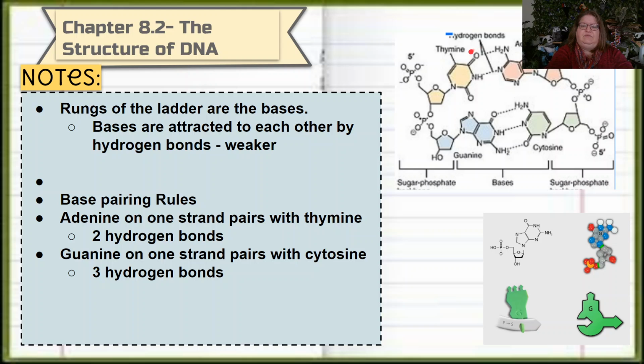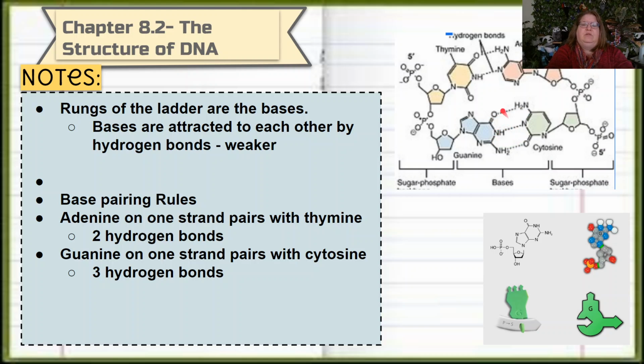They've got these lovely two hydrogen bonds that are going to fit together nicely. And then we have guanine and cytosine, which is going to pair together. And you can see they make three hydrogen bonds. They're a little bit stronger for that reason. We have three hydrogen bonds occurring.